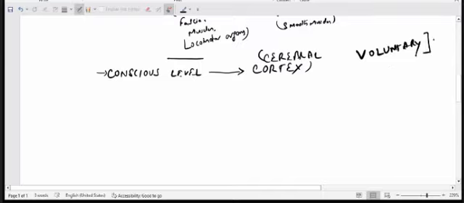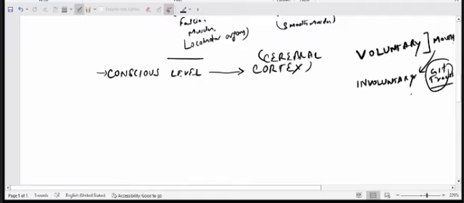But only up to the mouth. When it goes to the GI tract, do you have any control on that? If it goes to the stomach, do you have any control on that? No, right? So it becomes involuntary, right?